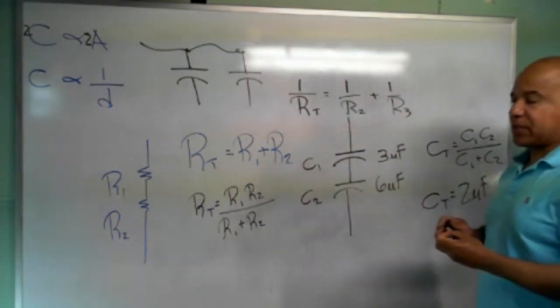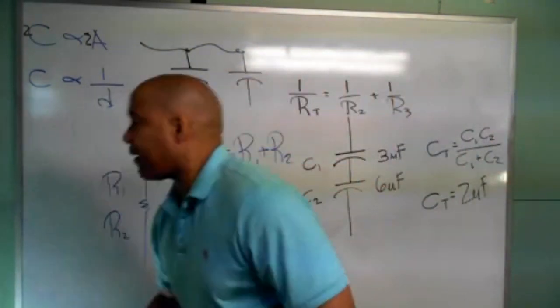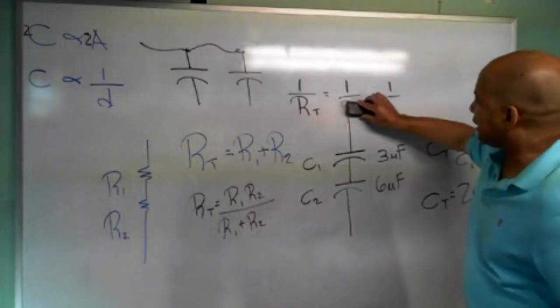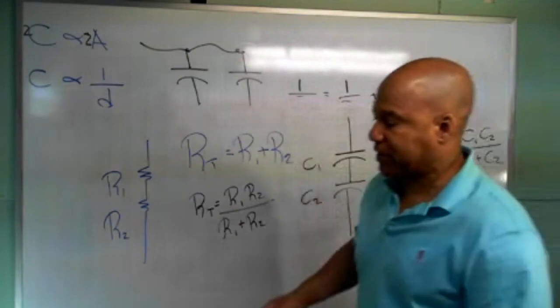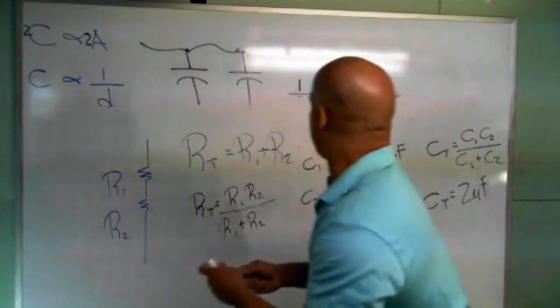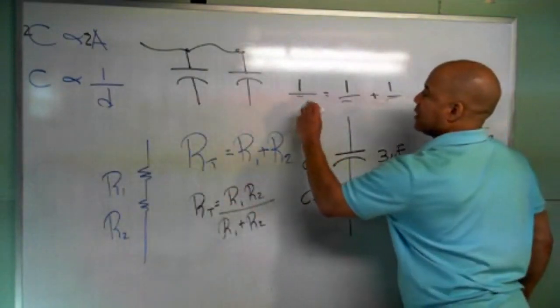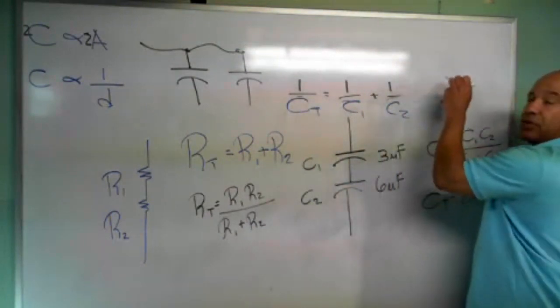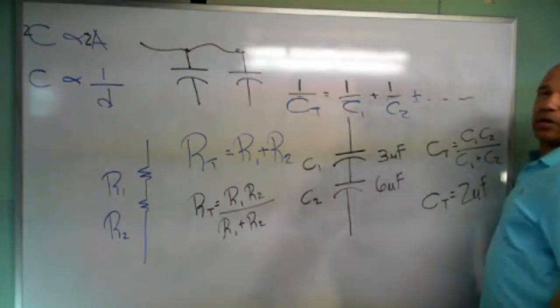Since that's true for resistors, if I want the correct formula for capacitors in series, all I got to do is get rid of the R's and make them C's. This would be CT, this would be C1, this would be C2, and so forth. Just keep going on and on.